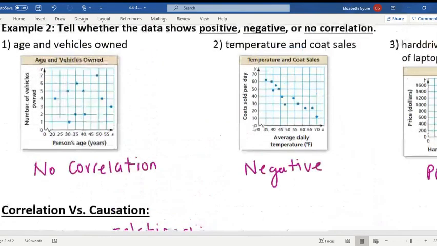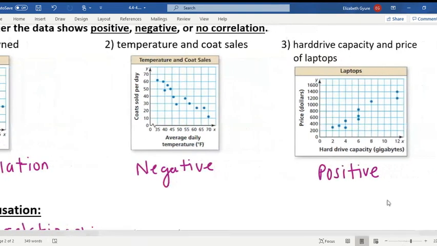Whereas if you look at the temperature and coat sales, that definitely has a relationship, right? That has a correlation. Could this also be an example of causation? Is the temperature going up maybe causing less people to buy coats? That's definitely possible. If you look at hard drive capacity versus the price, definitely a relationship.